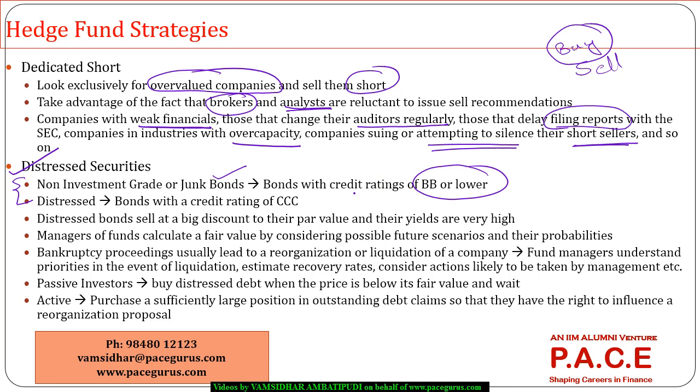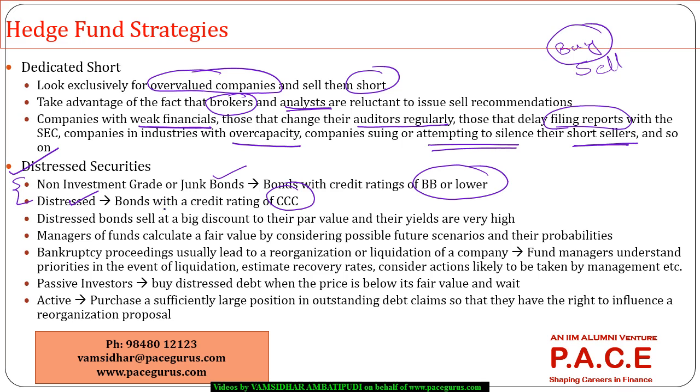But if the credit rating is triple C, which is on the border of default, those securities are called distressed securities.